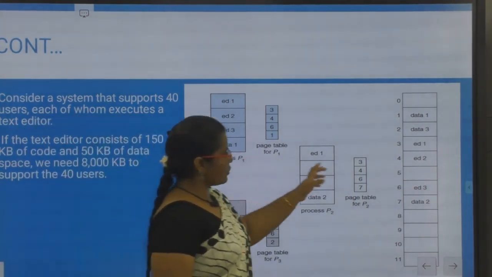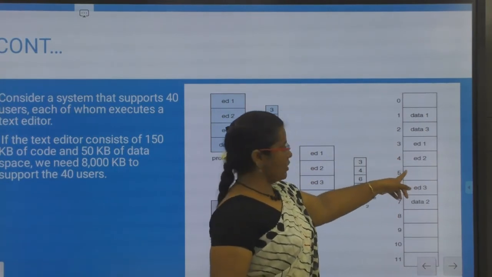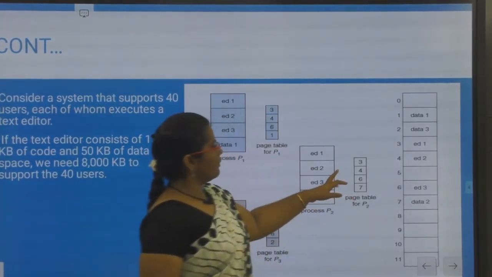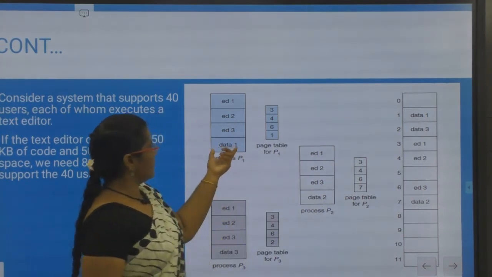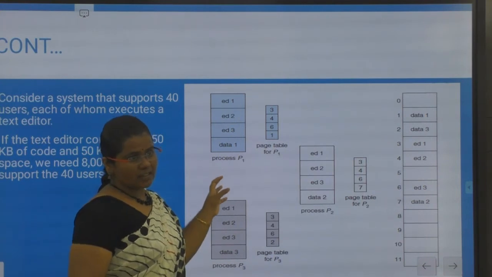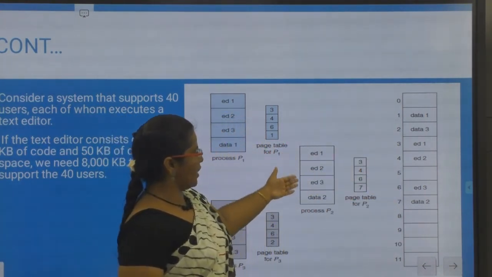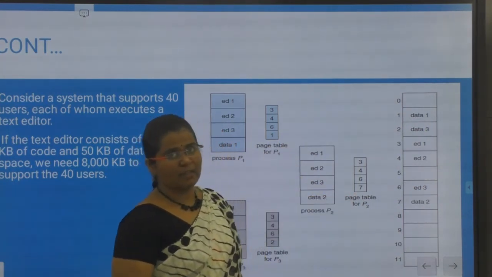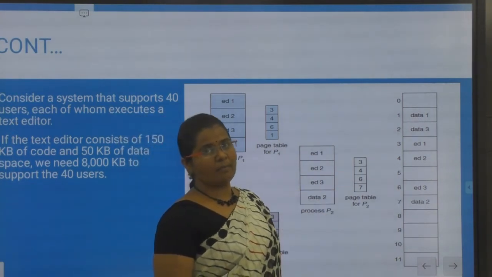So you can simply store editor 1, 2, 3 in one single instance in your physical memory, and the unshared pages, that is data 1, data 2 and data 3, can be placed separately in your physical memory. So instead of storing these 3 pages 3 times, I am storing them only one single time. So the shared pages will save your amount of main memory.